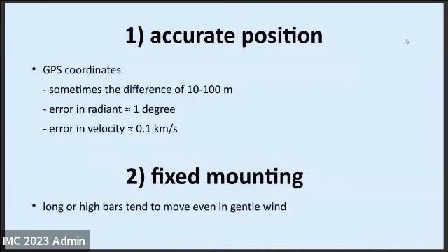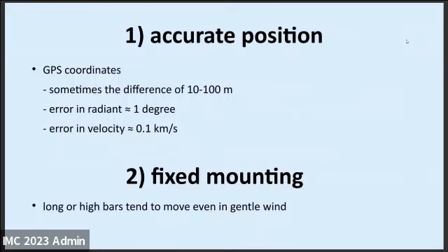Now, very briefly, to every item: we have experience from recent times when we measured daytime fireballs that the GPS coordinates of the cameras, which we have from the owners of the cameras, who also provided them to us, are sometimes different from the real position by tens of meters, and sometimes even more than 100 meters.